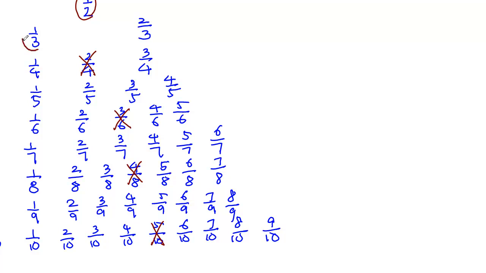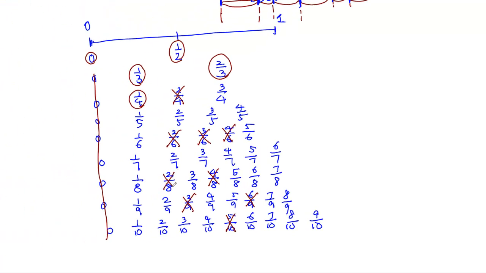Now check out 1/3. 2/6 is out, right? 3/9 is out. This is what? 4/6, 3 times 3, 6/9. They are in the same location. Okay, check out this one. 1/4, 2/8, right? That's all? Yeah, that's it.